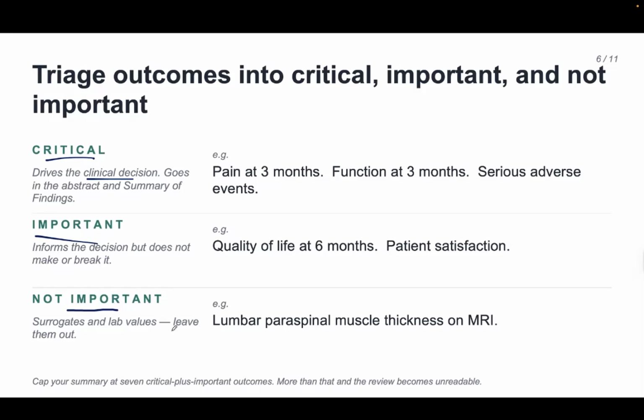We can comfortably leave them out because not leaving them out could potentially dilute the review without adding any important information that is relevant to the stakeholders. As a rule of thumb, people say that no more than 7 critical and important outcomes should be included in total. More than that, and our review becomes unreadable, and readers will skim past the findings that actually matter.